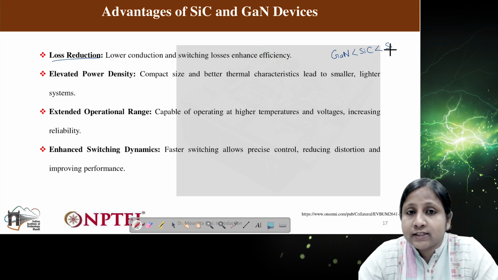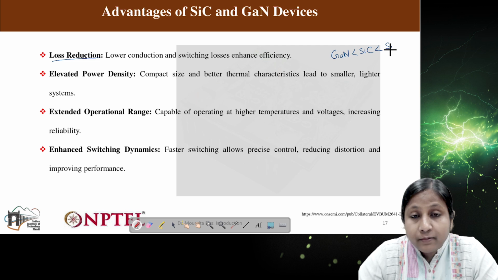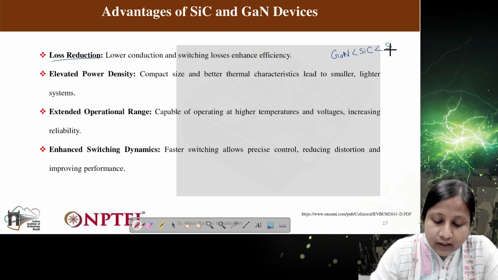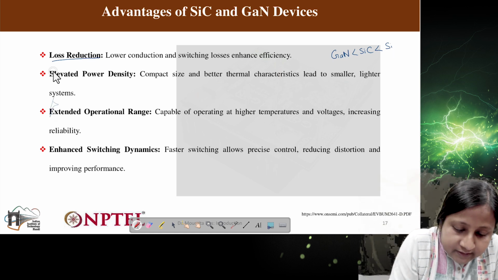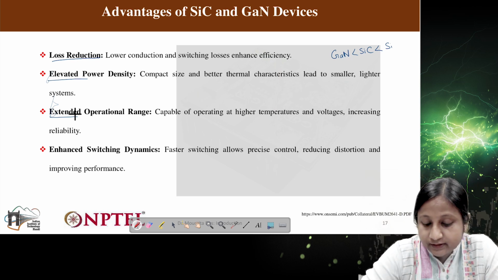The details of this heat sink and the thermal modeling will be seen later in this course. So basically the size will be much more compact, and it will have better thermal characteristics, which will lead to smaller, lighter systems. Now, third point is the extended operational range.